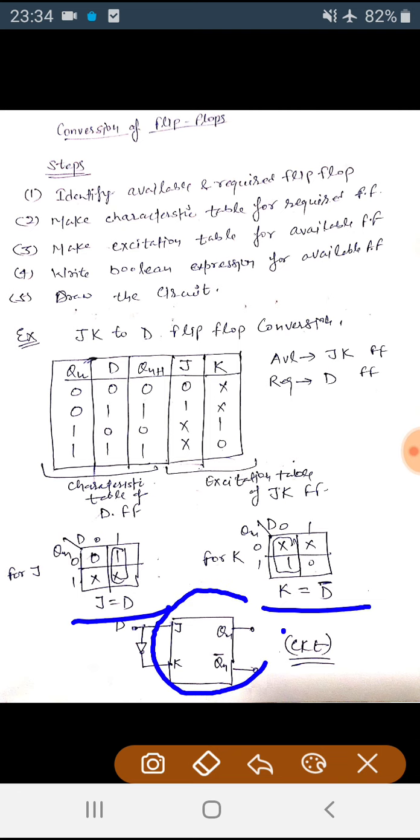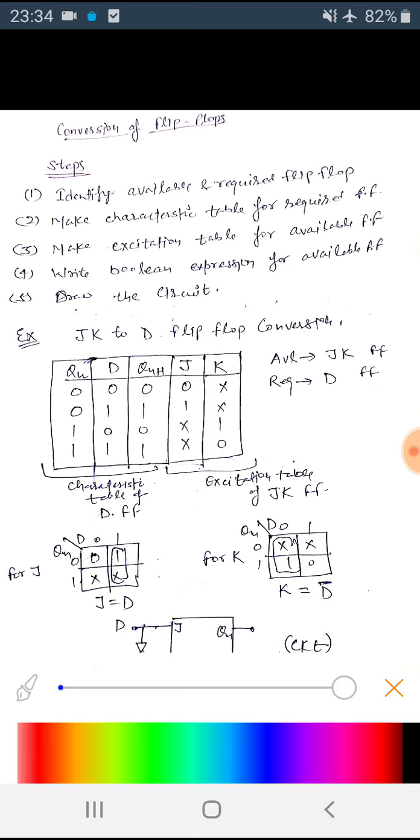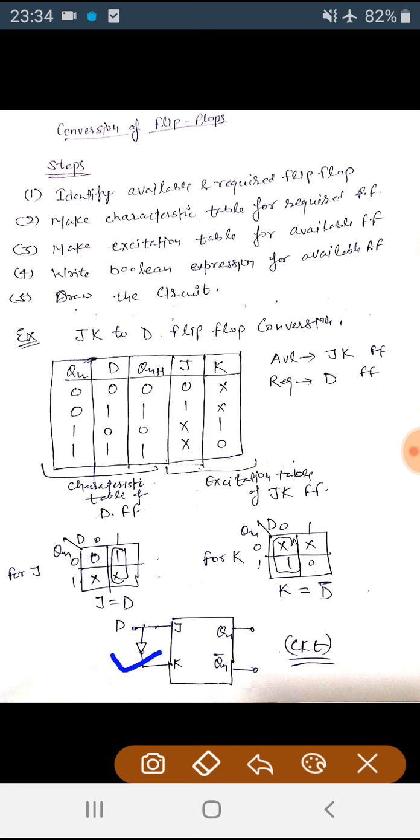JK is the available flip-flop and we need to convert it to D. So input J is equal to D and K is equal to D bar. So we will put an inverter there, so K would be D bar. So this is how we can convert a flip-flop into another flip-flop.